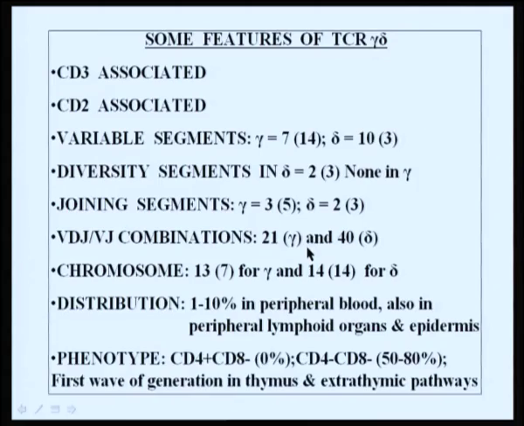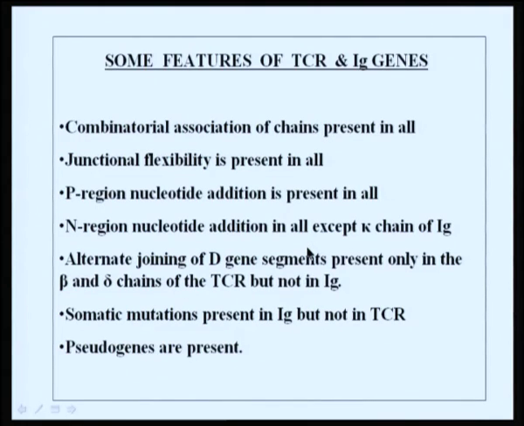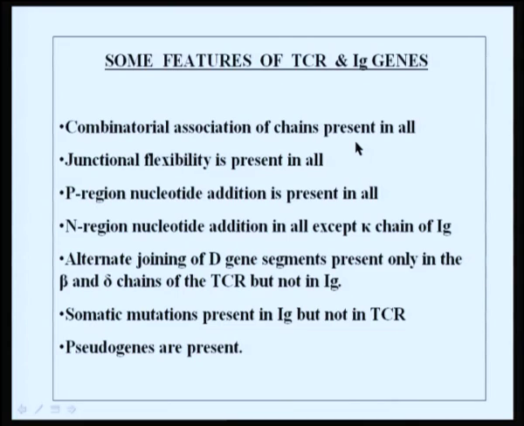Some of the differences and the same features, such as chromosome locations, are listed in this slide. Just to recapitulate the features between T cell receptors and immunoglobulin genes: combinatorial association of chains is present in all, junctional flexibility is present in all.